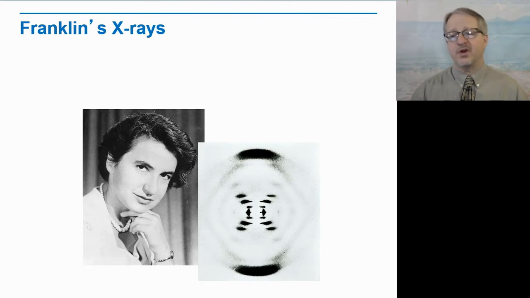She purified a large amount of DNA, and then she stretched the fibers to make them all parallel. Then she aimed an X-ray beam at the sample and recorded the scattering pattern made on the X-ray film. The results of her work revealed some very important clues to the structure of DNA.